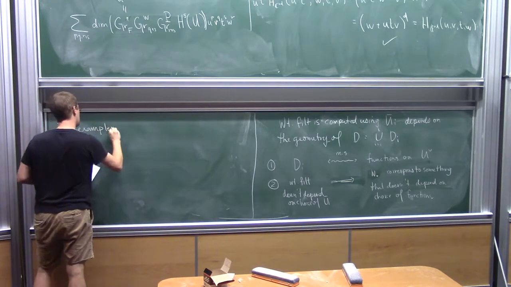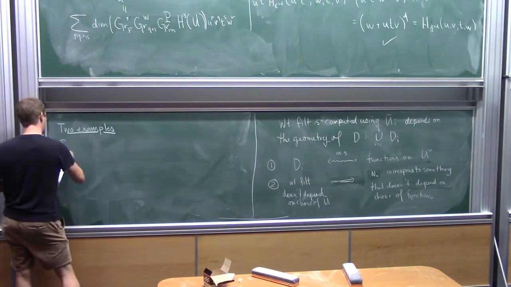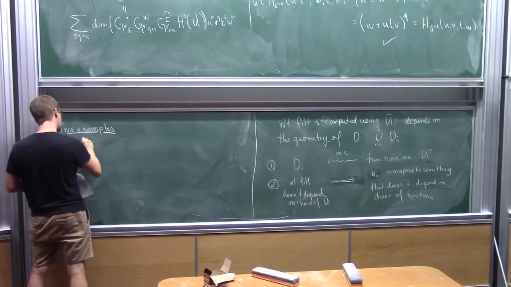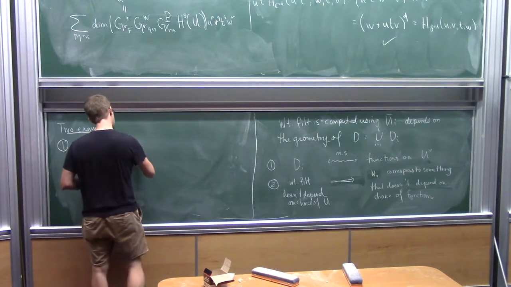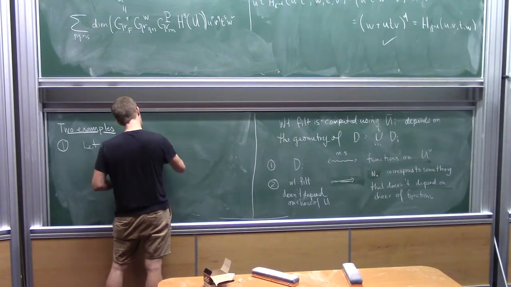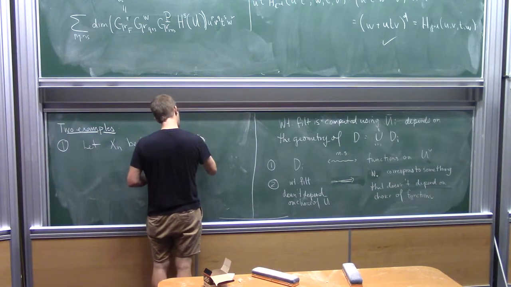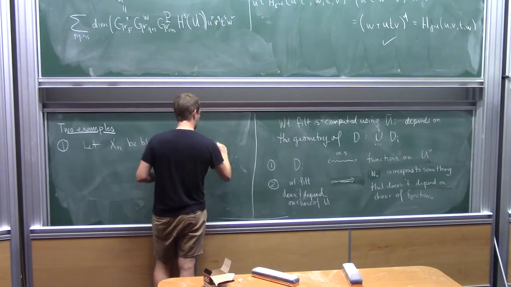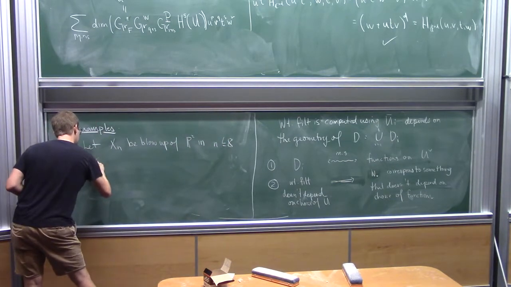And so the first example is, let X_n be the blowup of P2 in n less than or equal to 8 points in general position.